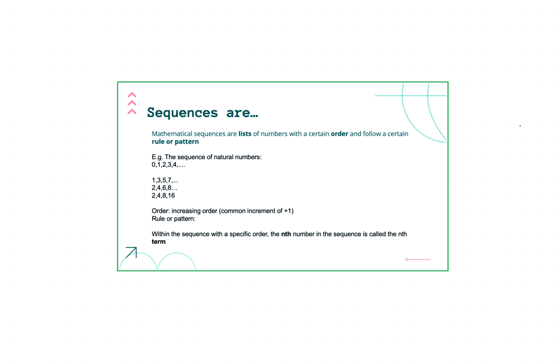And then in the last one, we have the sequence of powers of 2, starting from 2. So then we get 2, 4, 8, 16, and so on, right? So at each step, we're increasing the term and it's going to follow a certain rule.